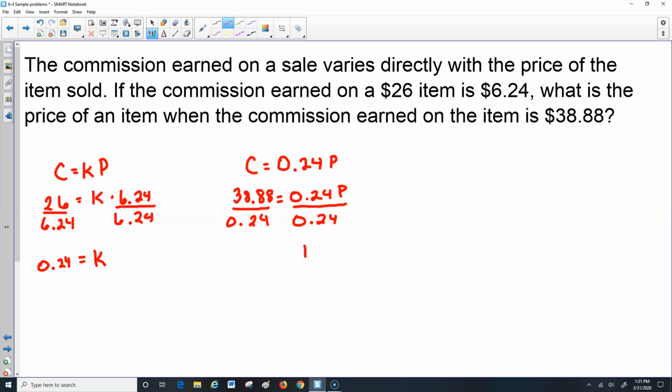And we end up with P equals 162. So the price of the item was $162.